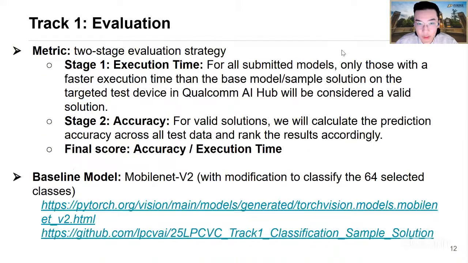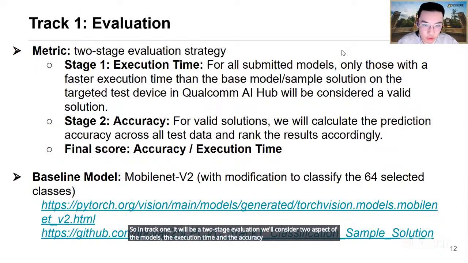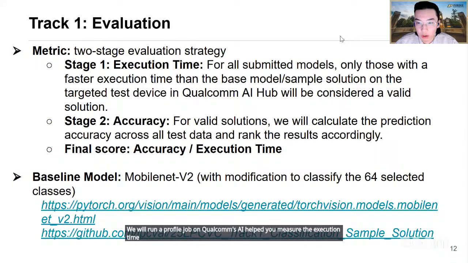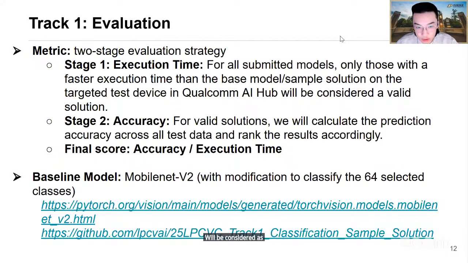Now I'll move on to the evaluation part of track one. In track one, it will be a two-stage evaluation. We'll consider two aspects of the models, the execution time and the accuracy. In stage one, for all the submitted models, we will run a profile job on Qualcomm's AI Hub to measure the execution time, and only those with a faster execution time than the sample solution we have provided will be considered valid solutions and move on to stage two.